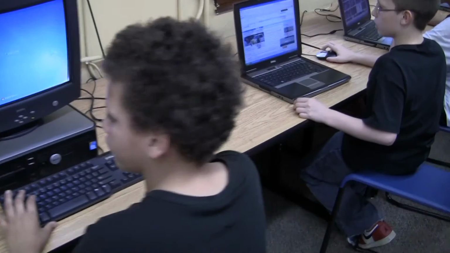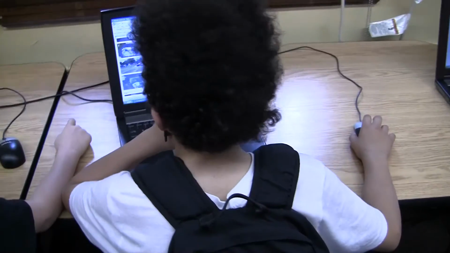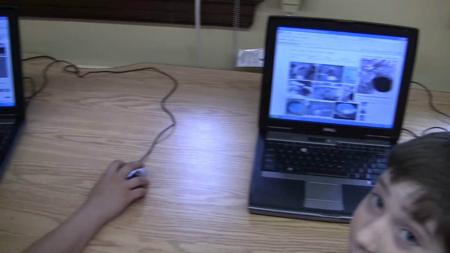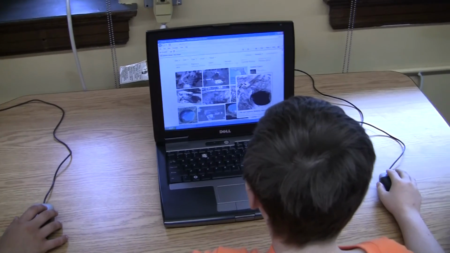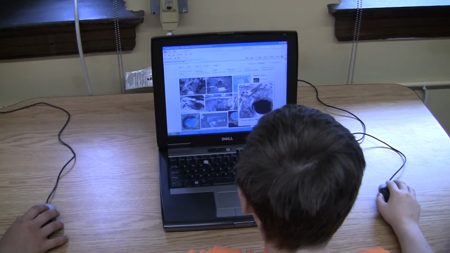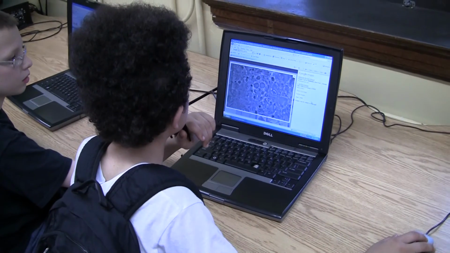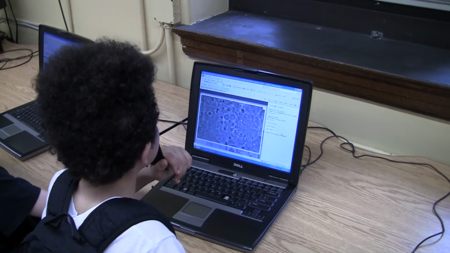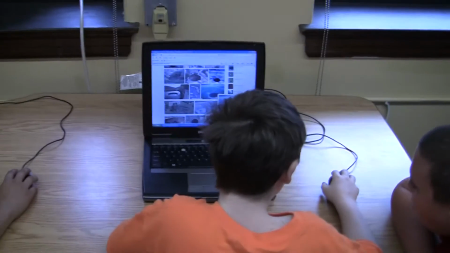Find anything yet, Dominic? Did you find any sinkholes? What's the worst disaster that's happened as a result of a sinkhole? These are all the sinkholes right here. Sinkholes create danger and we need money to repair them.